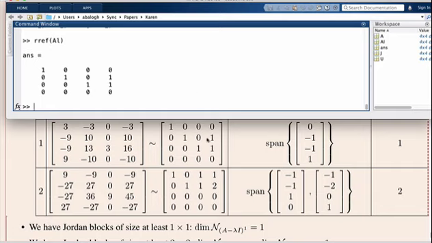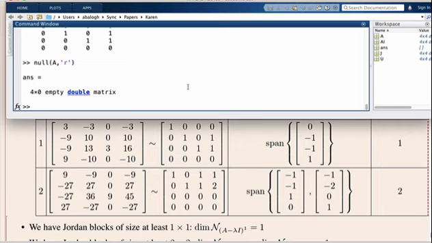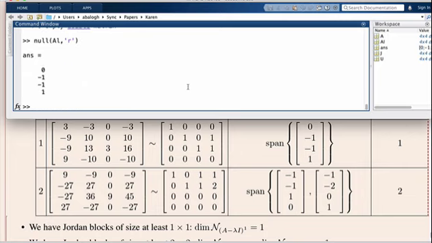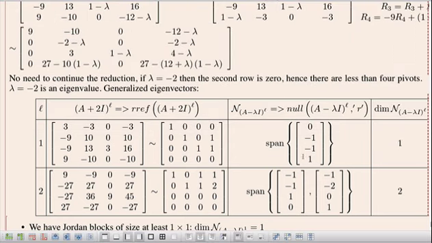And then you can check what the null space is if you calculate here, or you can just use the null space calculation from MATLAB. Make sure that you use the rational version of that. A minus lambda I is what we need. It's 0 minus 1 minus 1, 1. So the dimension of this is 1.